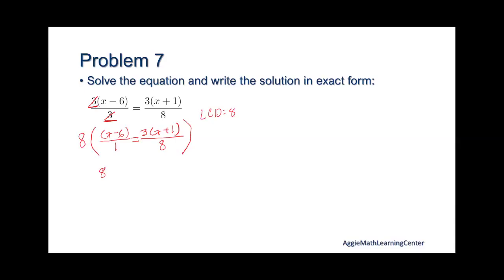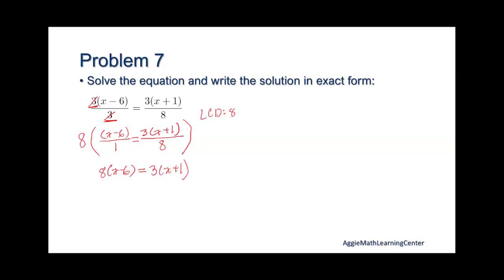So you get 8 times x minus 6 is going to equal here, 8 divided by 8 is going to equal 1. So you just end up with 3 times x plus 1. So what do we do once we get here?